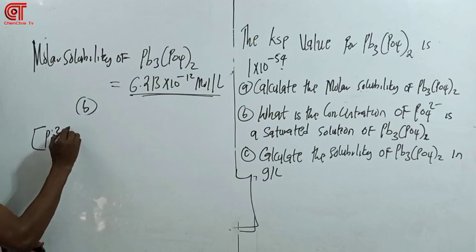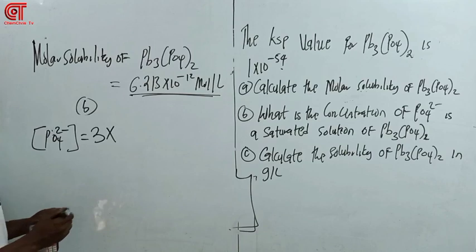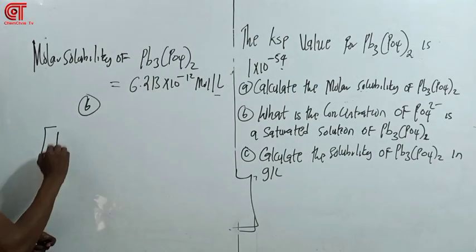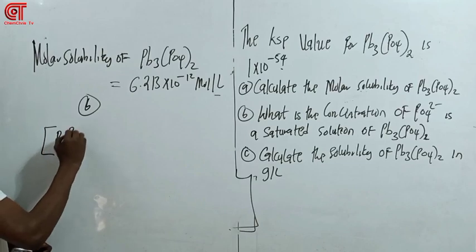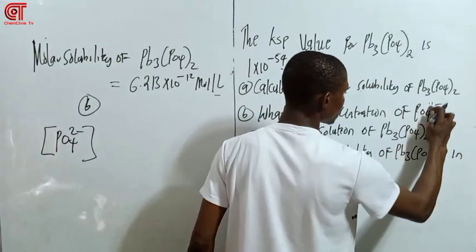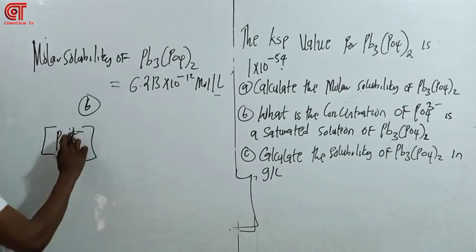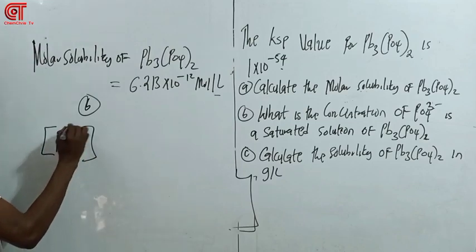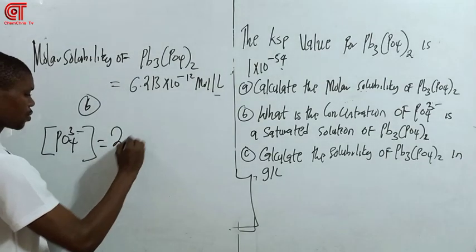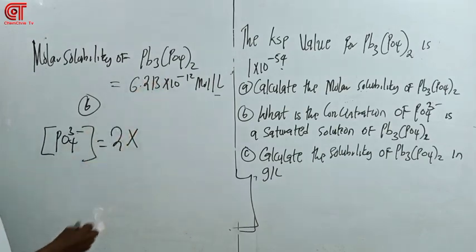PO4 3 minus is equal to what? 2x, right? So you want to input this one here, because x is my molar solubility. Remember, x is the molar solubility of the salt, right?